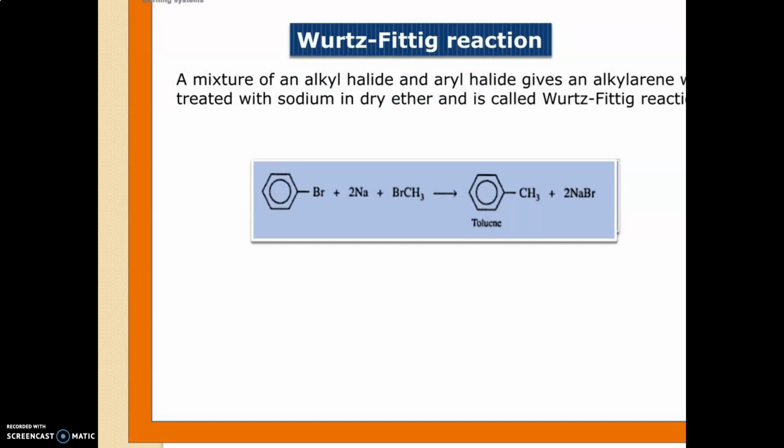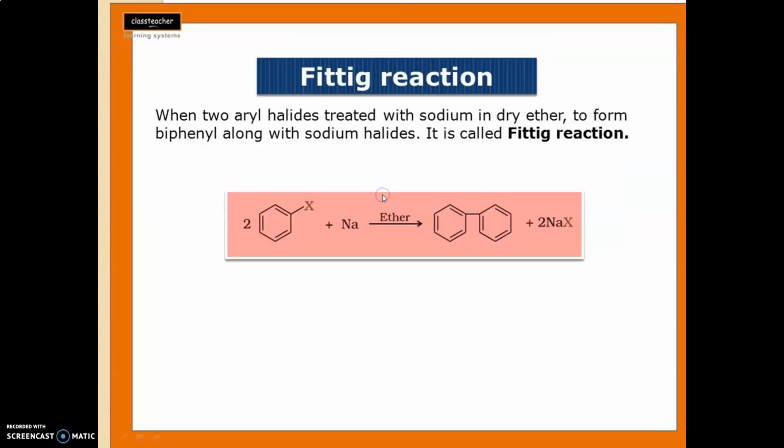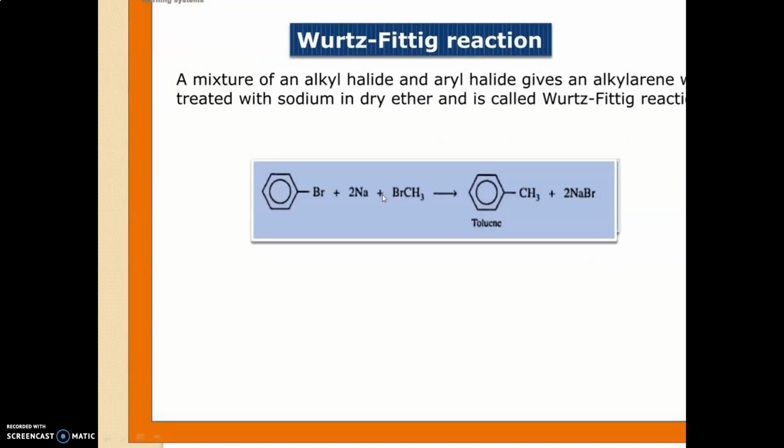And we have seen the Wurtz reaction. If the reaction is occurring with an aryl compound, it is known as Wurtz-Fittig reaction. So what will be the reaction? A mixture of an alkyl halide and an aryl halide, this is aryl halide and this is alkyl halide, is treated in the presence of an active metal, sodium, and we'll get the alkyl benzene.